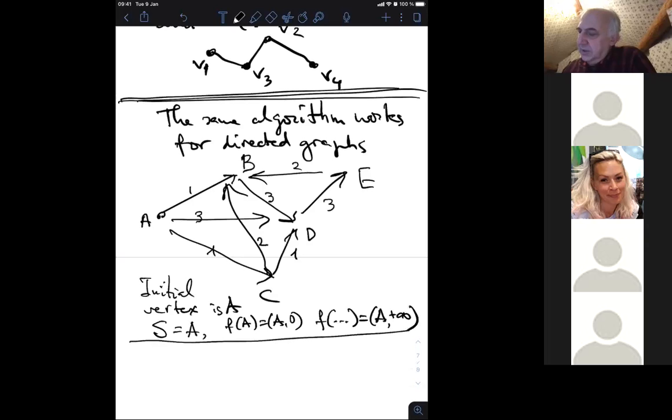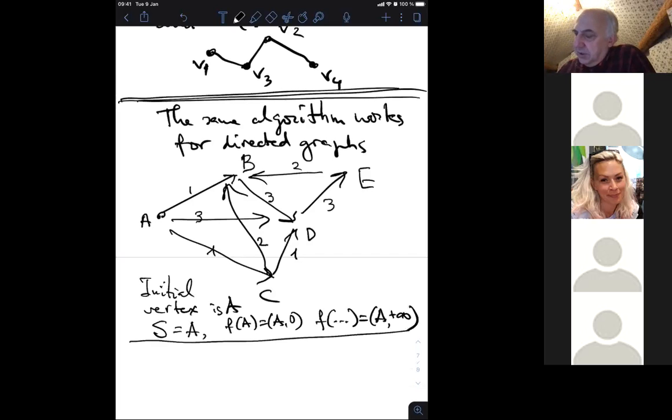So this is my initialization. Now I'm looking at all vertices except A and checking whether there is a directed edge from A to them.